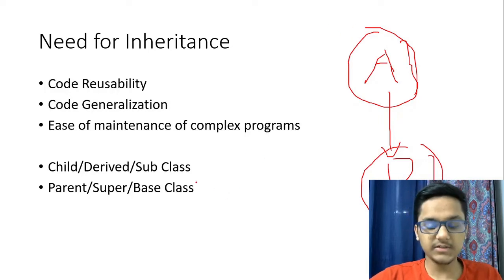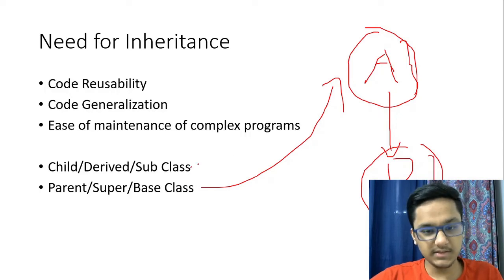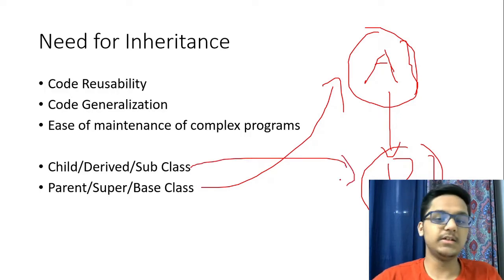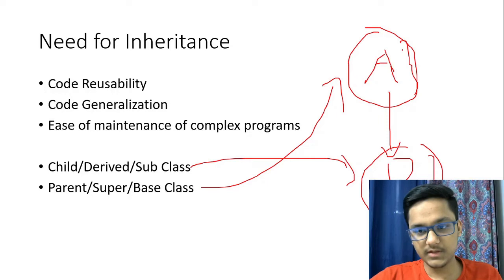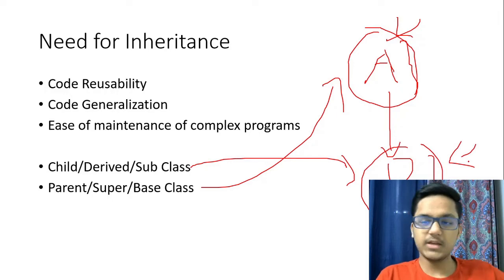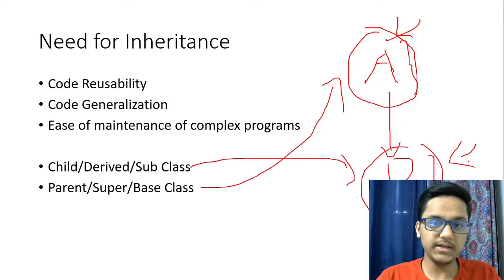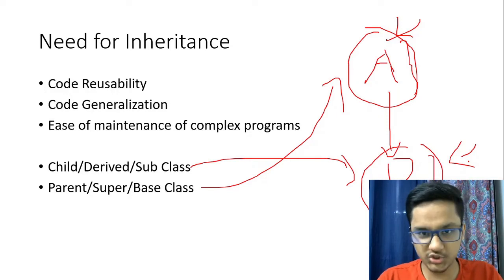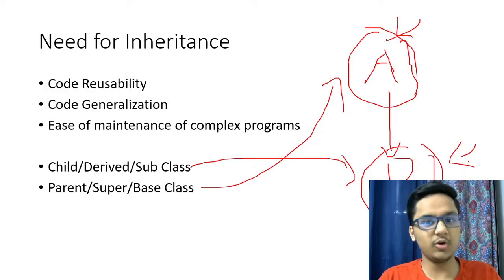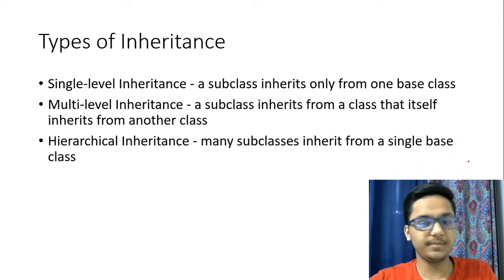So the parent class is also known as other names such as superclass or base class, and this child class is also known as the derived class or the subclass. So this main thing is the superclass, and this thing is a subclass. So a simple way to remember the parent and the child: the parent gives its properties and attributes, everything, to its child. This is a basic notion of inheritance, like its English word.